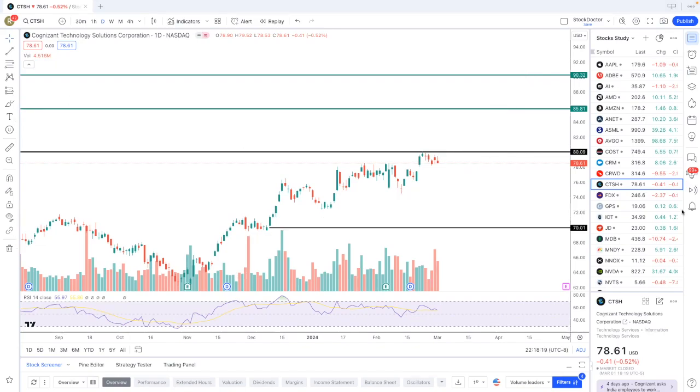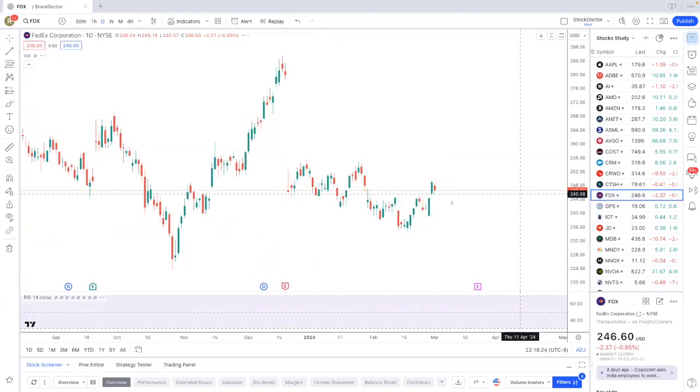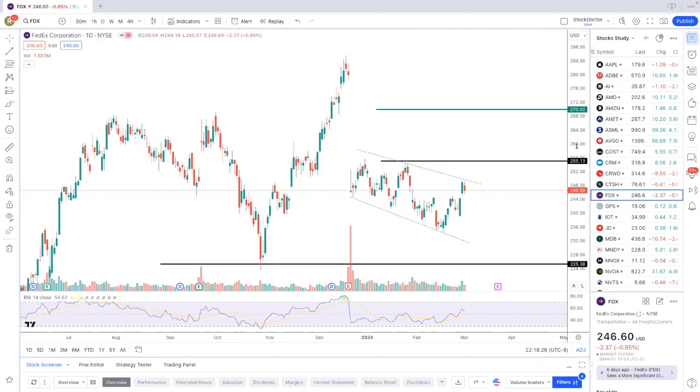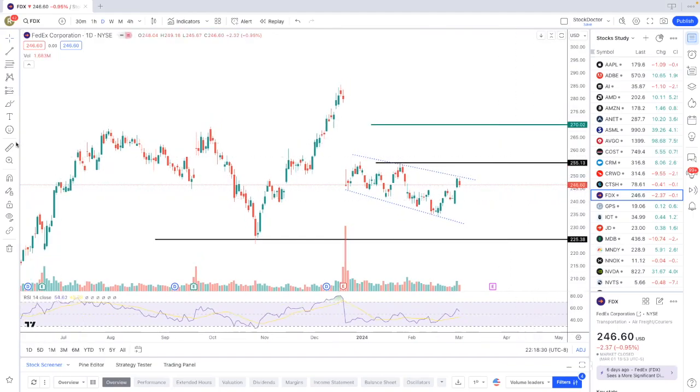Then we have FedEx. For FedEx upside, I can see if this stock starts trading and sustaining above 255, then only I can see the first target of 270 and the second target of 285, meaning the stock has to cross 255 and sustain above it to get more upside.